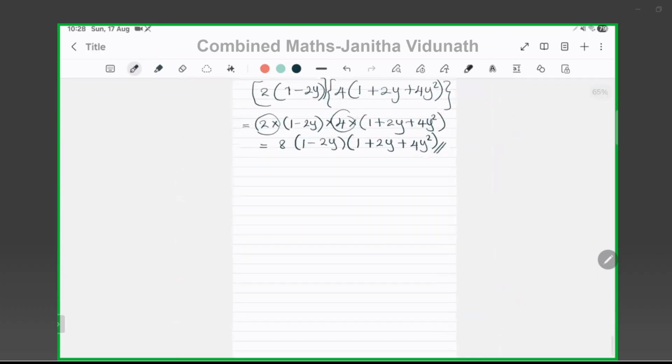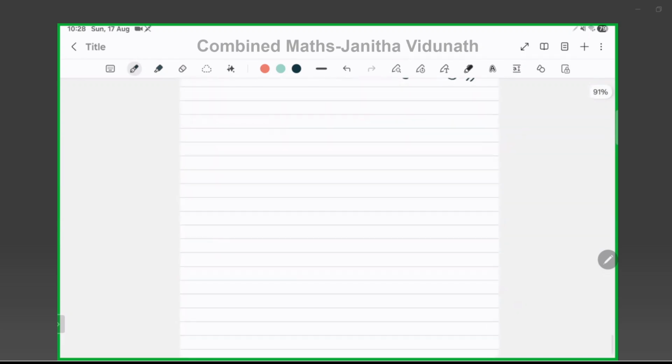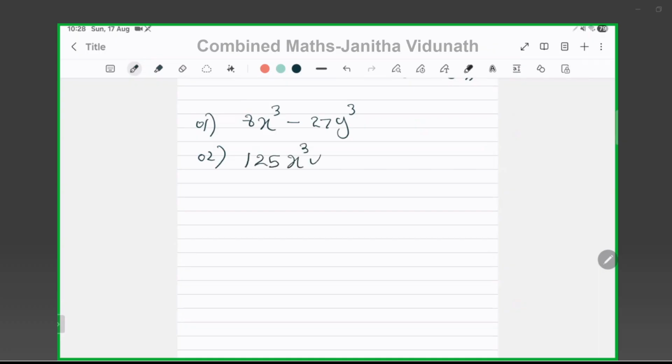Okay. Now I will give 3 questions to try out. The first one is 8x cubed minus 27y cubed. The second question is 125x cubed y minus 1000 times y to the power 4.